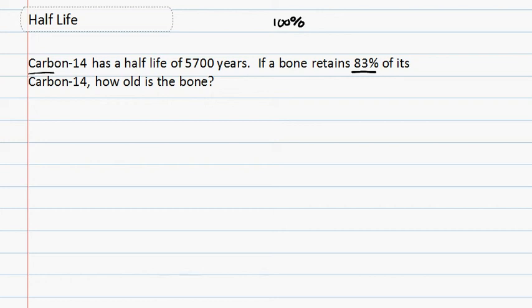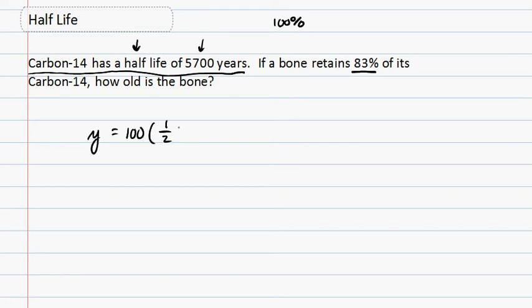And so the first part of these is to decipher what this means. So that means every 5,700 years, we know that half is going to be left over. And so, to set up our function here, let's write 100% times 1/2, because it's halving.